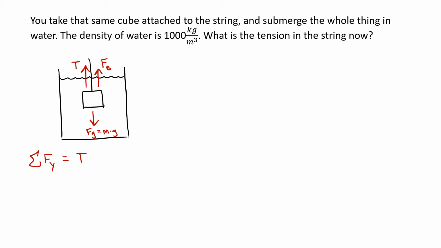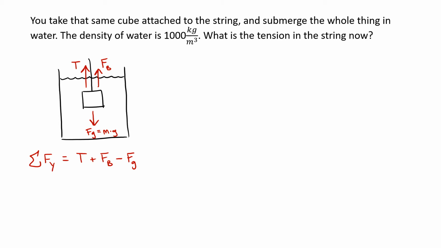Now there's another one, also pointing upwards, plus the buoyant force. And there's nothing else pointing up. Now we need to add the force pointing down. Those are negative. Minus the weight of the object, or the force of gravity on the object. And those are all of the forces in the system.